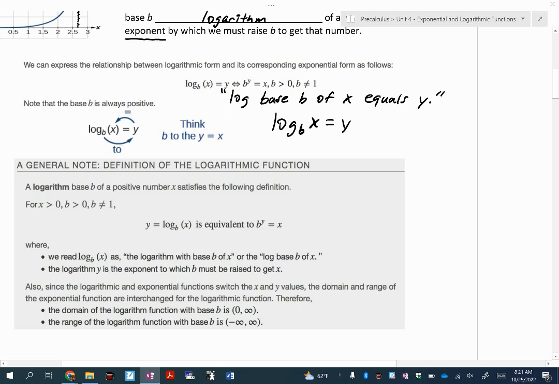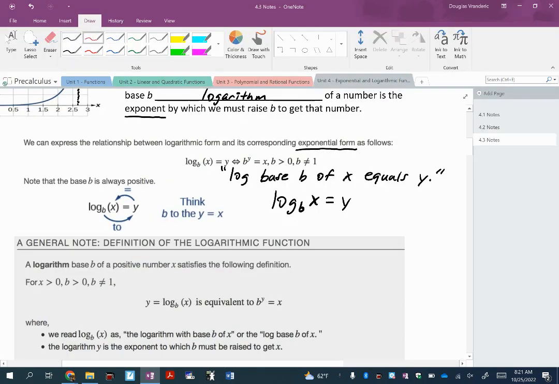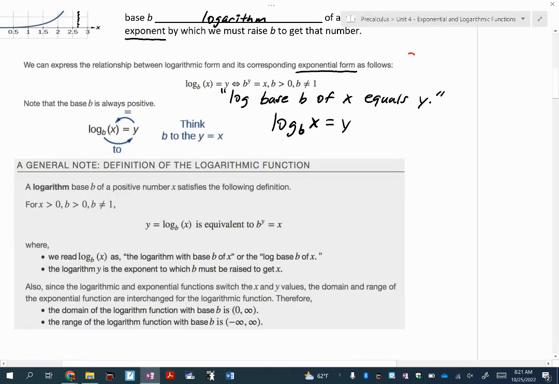Remember, when I want to go the other way and write it as an exponential equation, I always teach students, and this may or may not work for you, to think of the word swoop. So I go base b raised to the power of y equals x. You write it as base b raised to the power of y equals x.